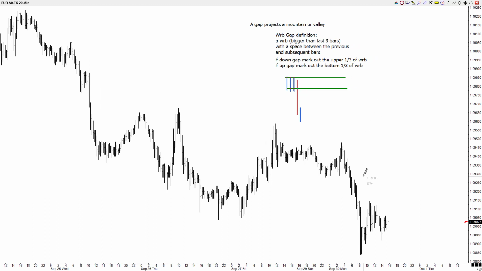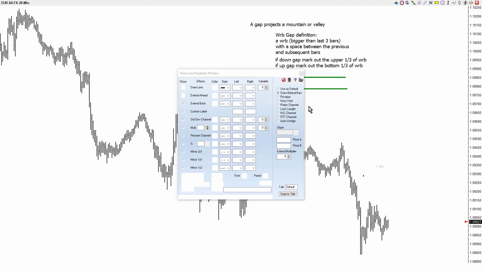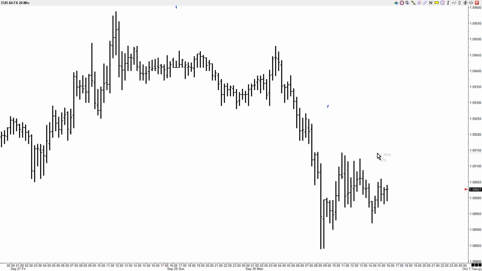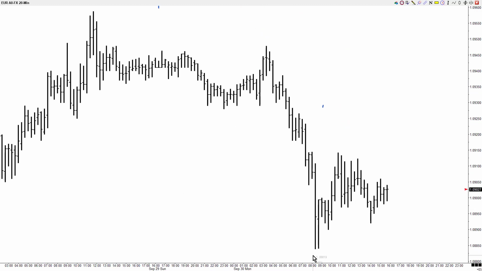So if we look, we have a wide range bar, right? Bigger than the last three bars, with a space between this bar and this bar. And just notice how this bar sticks out. It's not only bigger than the last three bars, it's the biggest bar for a long time, right?